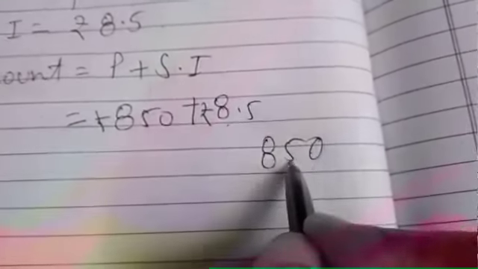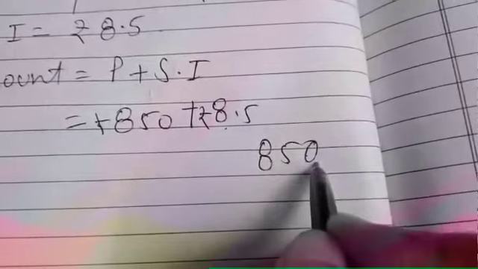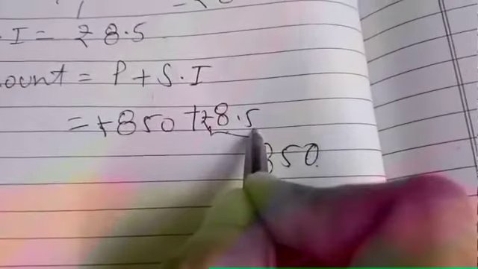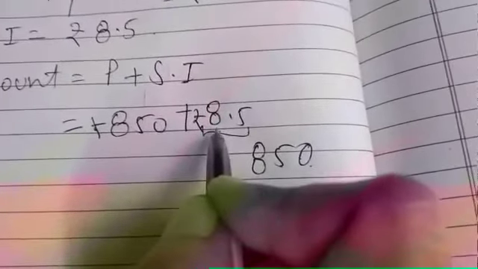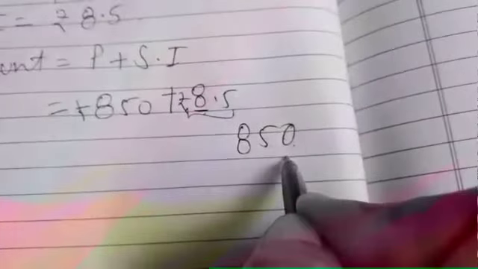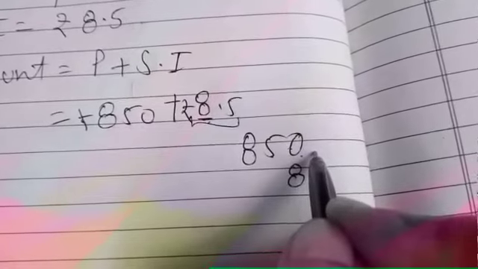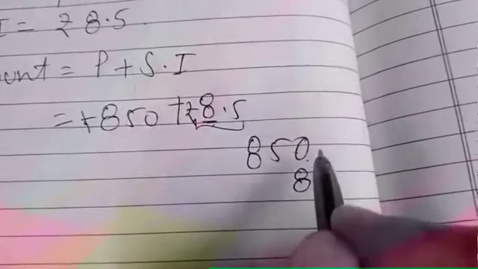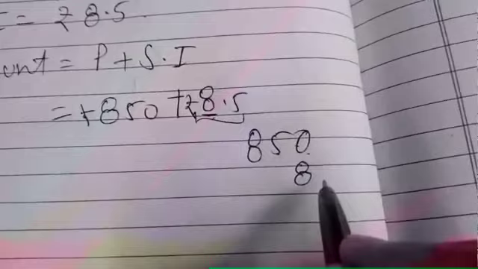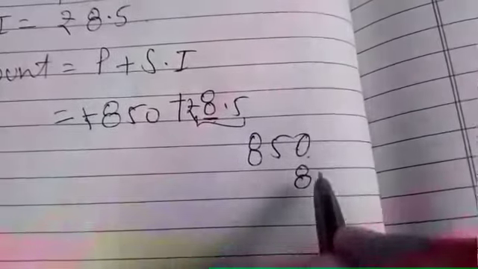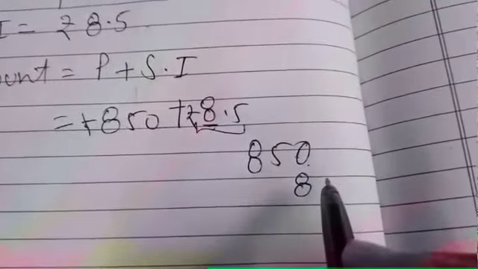See, there is no decimal in this term, so it is written as it is, but there is a decimal here. So how to write it? We just write the numbers so that one decimal comes under the other decimal, meaning both decimals should come in the same place. We have to write the numbers like this.